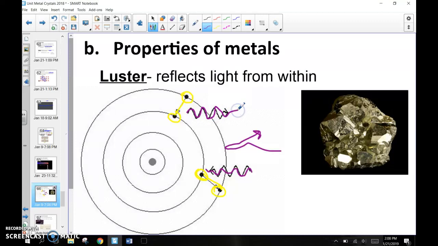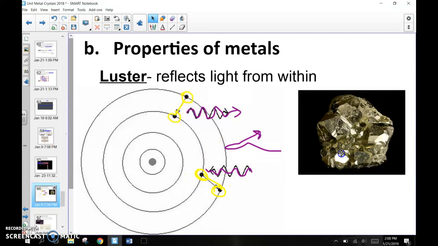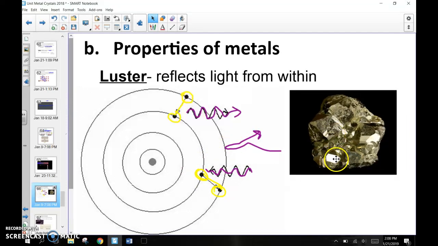So that reflection coming in is not just a reflection of light from out here, but from within the atoms themselves, which gives it that luster, that shininess. It's not just a reflection like this. This would be pure reflection. But the luster, which shows us that it's a metal, is the light coming from within, like right here.